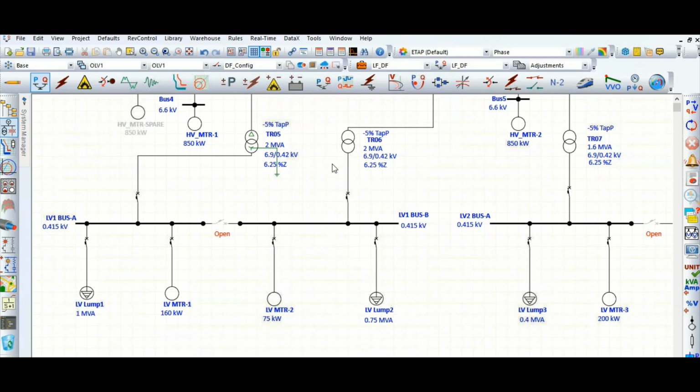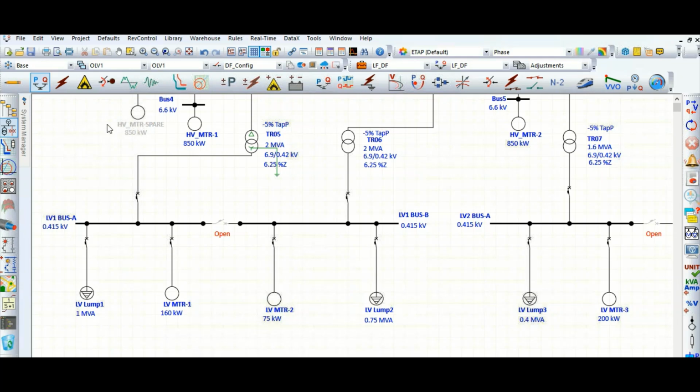Apart from that, VFDs also contribute short circuit fault, but not much fault current. With an example, let's validate this statement.